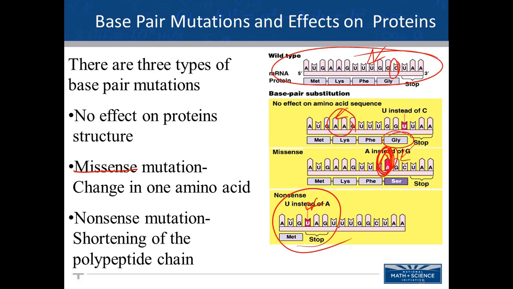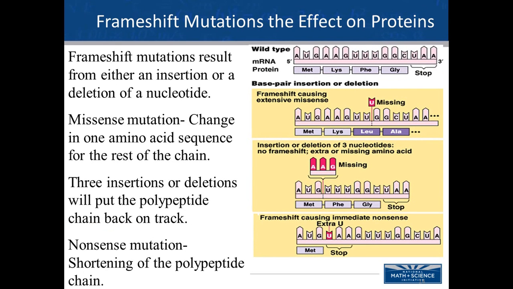That makes no sense at all, if you will. And so that's called a nonsense mutation, and it causes the shortening of the polypeptide chain. Most of the time that's a very, very detrimental mutation.